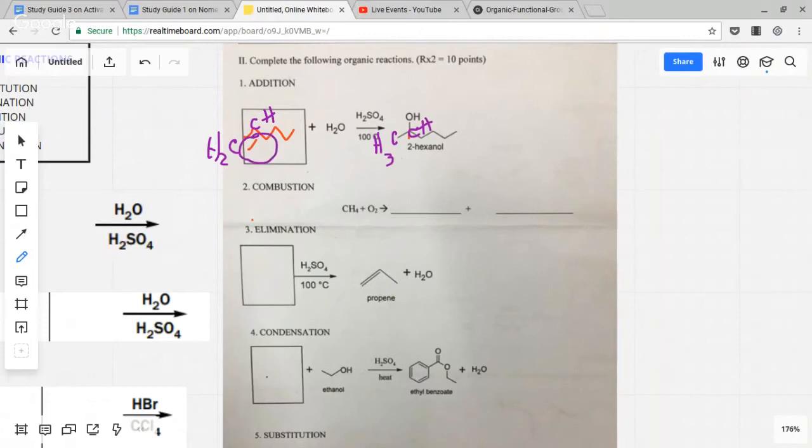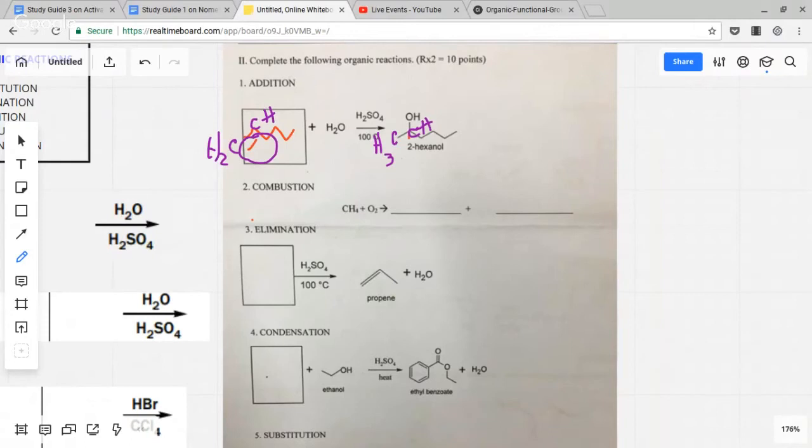So every time you're exposed to an addition type of reaction, you are converting your double bond, or it can be a triple bond, to a single bond so that it can accept additional elements, because in the first place this is an addition reaction.